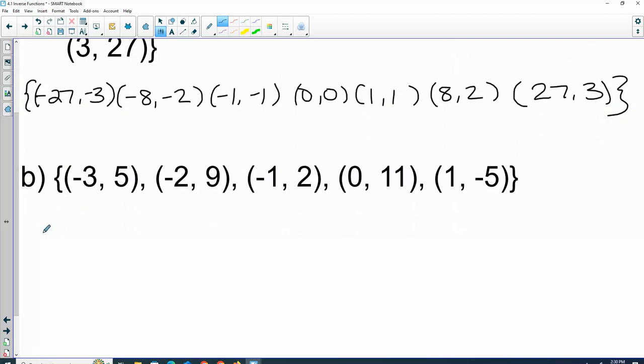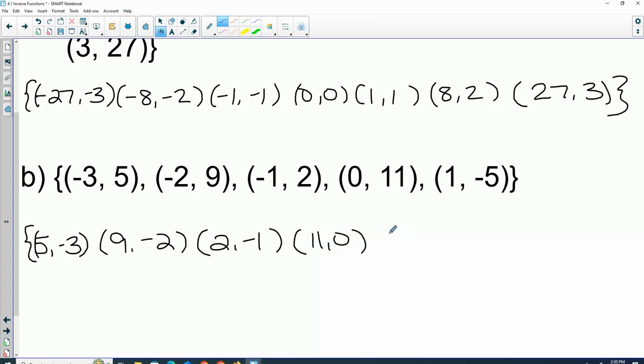So on B, tell me the points in the inverse. The reason we said it had to be one-to-one in order to find the inverse: if one of the y's got repeated, so for instance, let's pretend this point was -3, -5, it would not be one-to-one, correct?